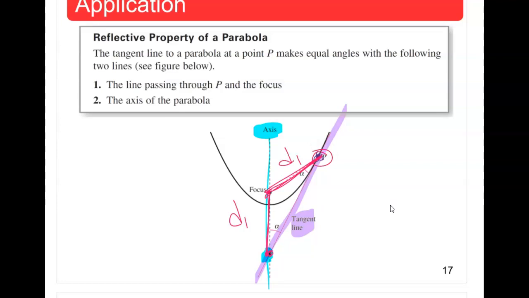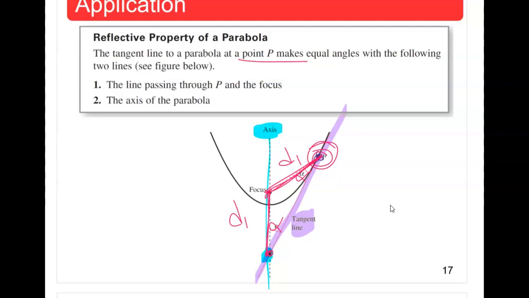So the reflective property of a parabola: the tangent line to a parabola at a point, here's our point, makes equal angles, and you could see those are denoted by alpha, equal angles with the following two lines.